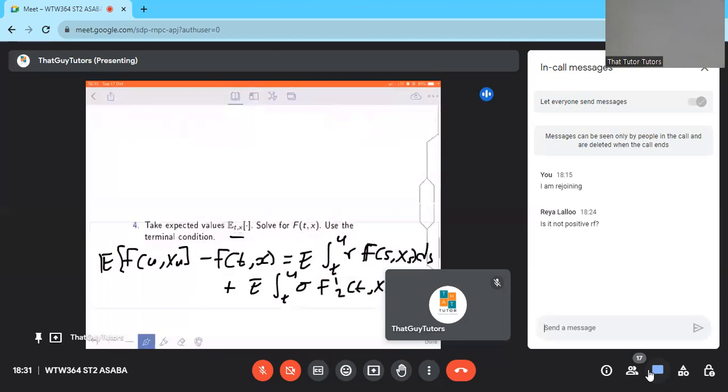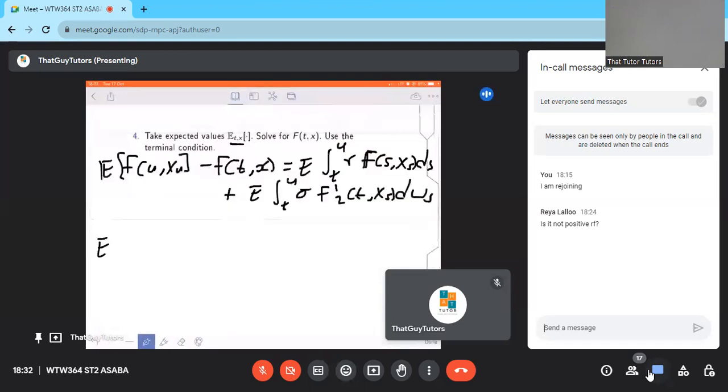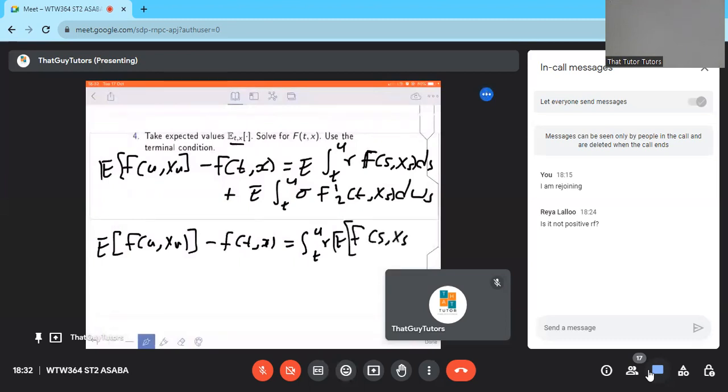So you would have the expectation of f u x of u minus f of t x equals the integral from t to u of the expectation of f of s x of s ds, plus 0.